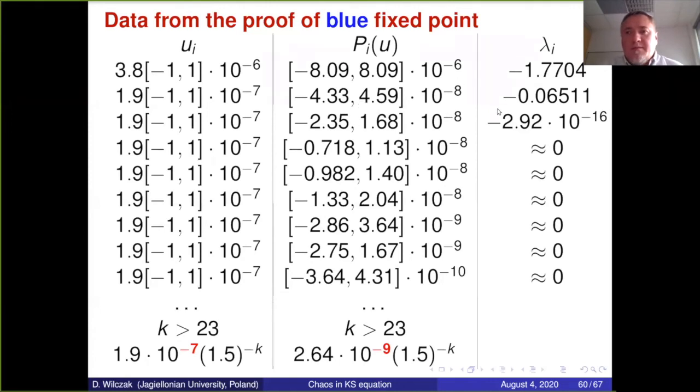And it does not fit the eigenvalues that well, actually, but still the numbers are controlled. We have inclusion on all modes except the first one, of course, because there we have expansion.